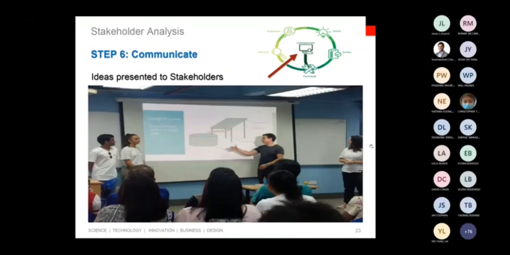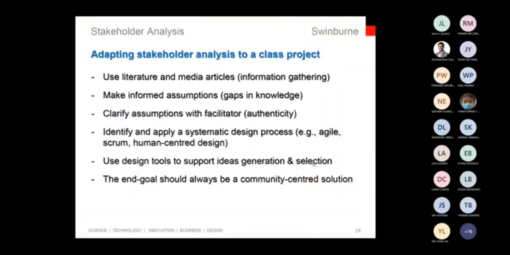You want that early buy-in. You want to keep them motivated about the project. So when you've done your model, CAD model, or physical model of the design, you want to showcase it to them. You want to get them excited about what you're working on. So that's how the process goes.